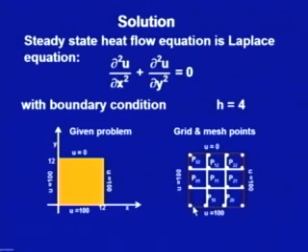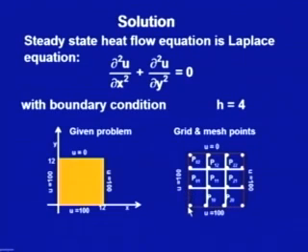So, h is 4 from this side as well as on this side. All these mesh points: this is 0 0, this is 1 0, this is 2 0, because x is increasing in this way and y is increasing in this way. So, we are taking x as the first one and y as the second one.